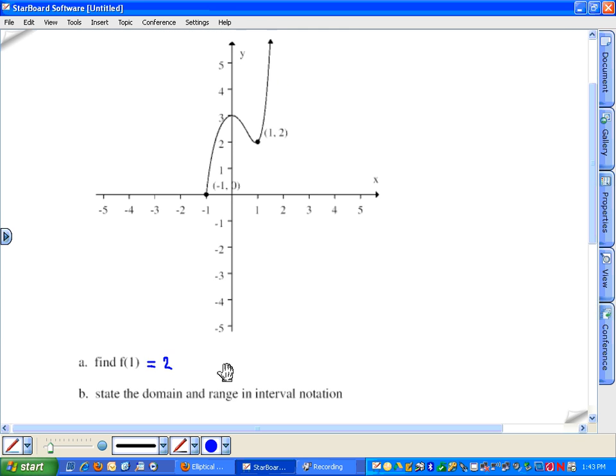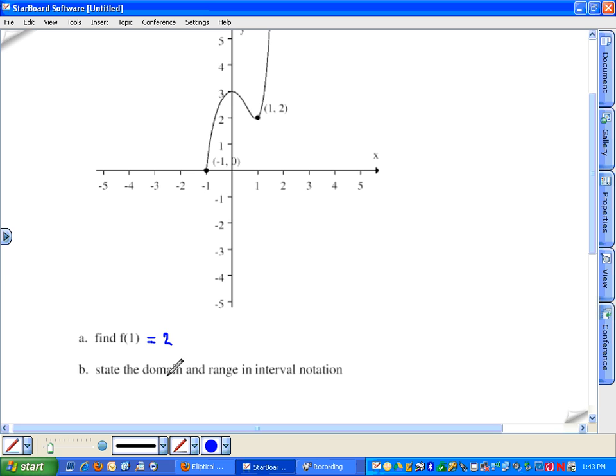Now, the domain and range of the graph. Another word for domain is your set of inputs. You can determine your set of inputs based on your set of outputs as well. If it's an input, it's going to have an output. Okay, and outputs are points on the graph.